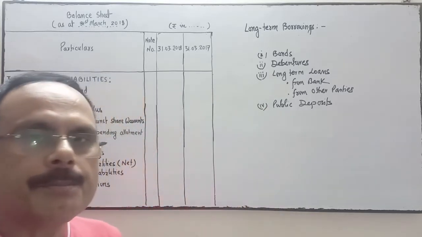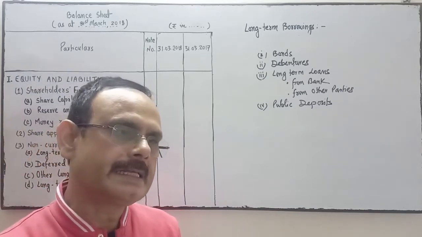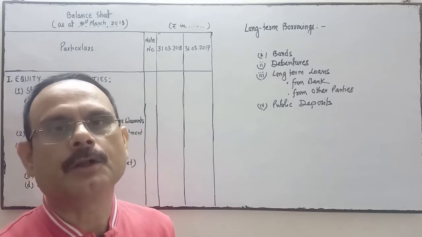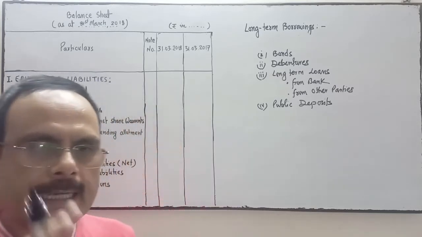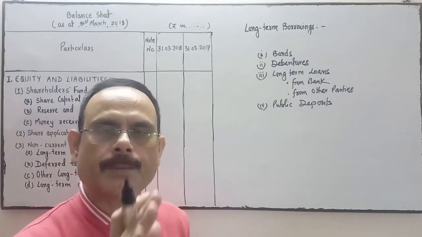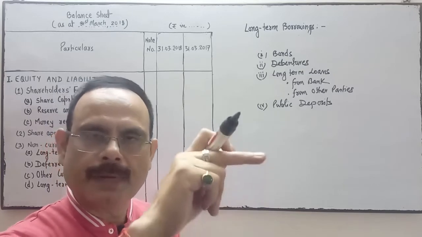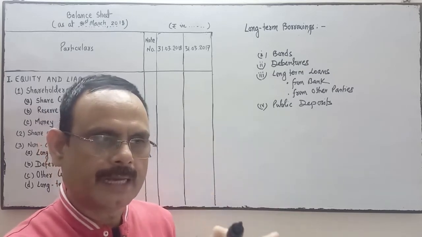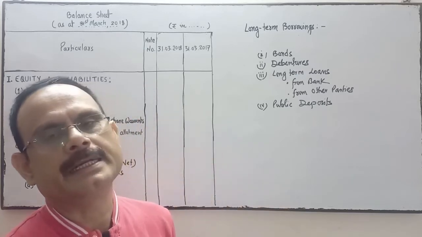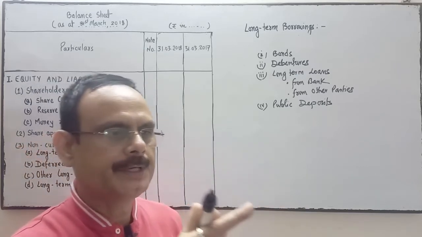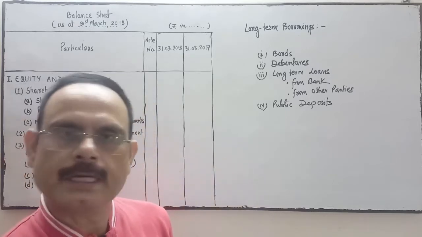So if you know the meaning of current liability, then we can easily find out which one is the non-current liability. A current liability is that liability which is payable by the company within 12 months of the balance sheet date. If it is payable within 12 months, then it's a current liability. And if it is not paid within 12 months, then it's a non-current liability.